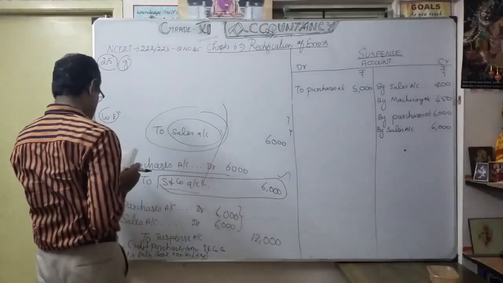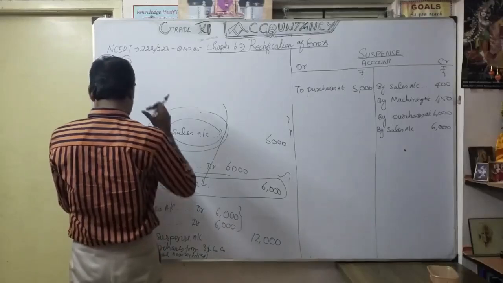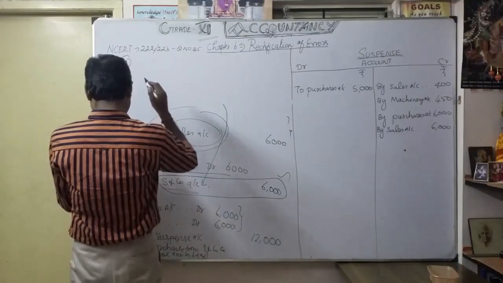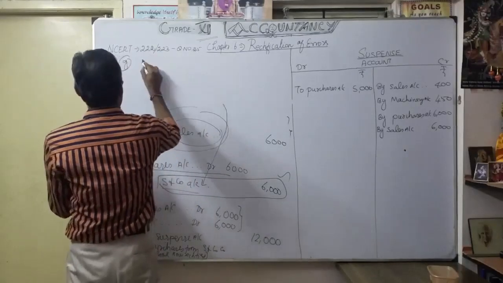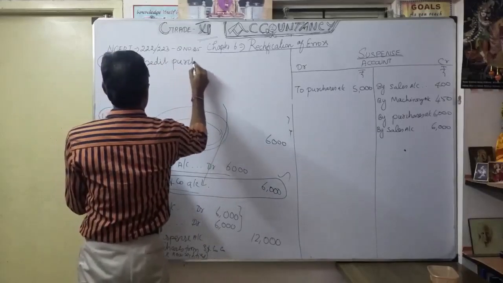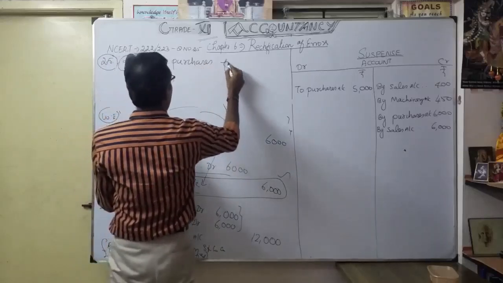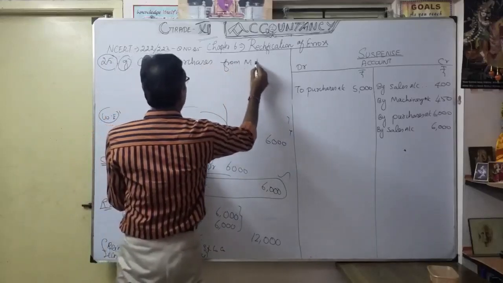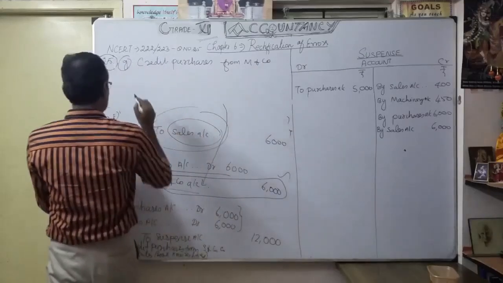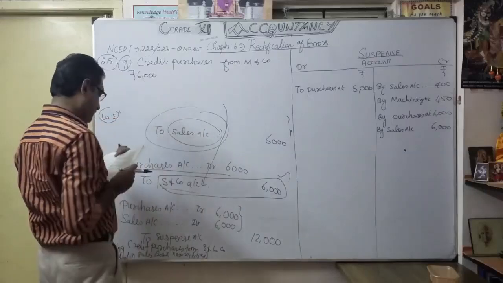What is that? Credit purchases from M and Co, amount 6,000. That's the transaction.